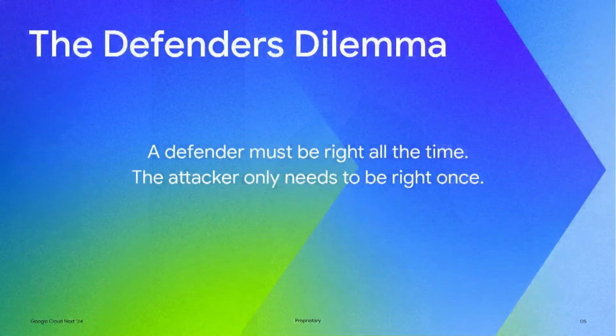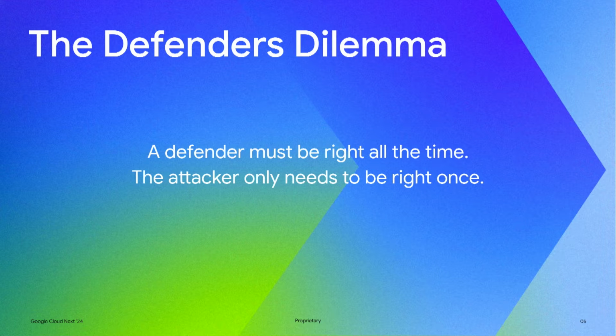So first things, though, the defender's dilemma. In security, there's generally held to be a thing called the defender's dilemma. The defender's dilemma goes, a defender must be right all of the time, and the attacker needs only be right once.